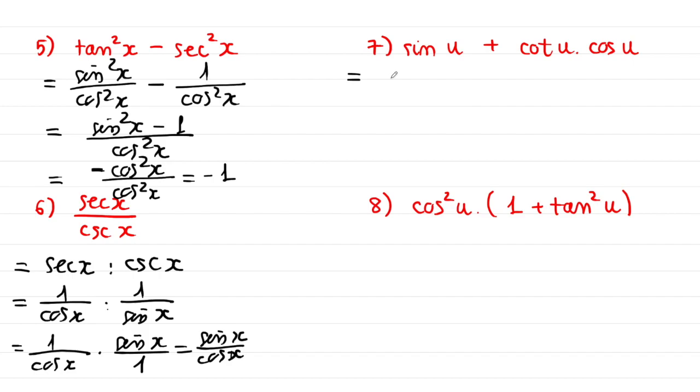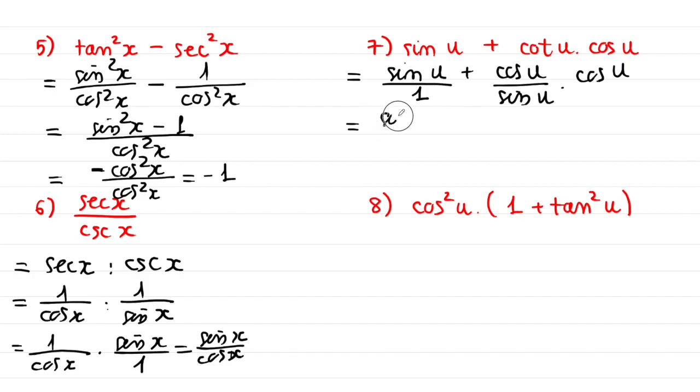About question 7, you have sine u, cotangent u, and cos u here. Cotangent u means cos u divided by sine u. This term is like a fraction, sine u over 1, so I want to change it into a new fraction with sine u in the denominator. I will multiply both numerator and denominator by sine u.